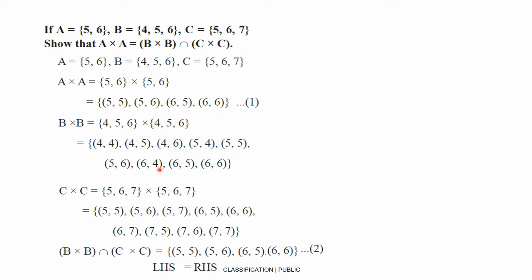And next what? (6, 5), here also. And (6, 6), (6, 6). Okay, so you refer to it. The first equation and second equation are equal, that is LHS equals RHS. That is A cross A equals (B cross B) intersection (C cross C). Clear, students?